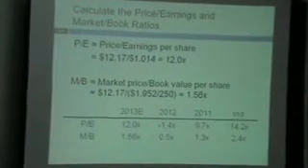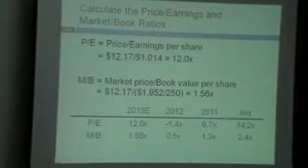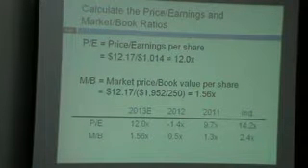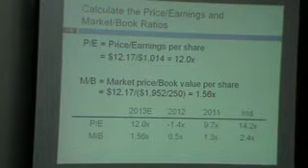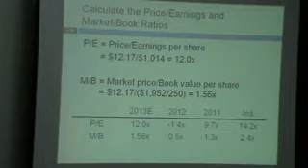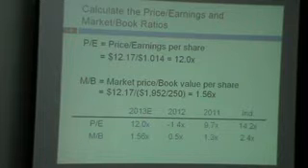Okay, now the last category of the ratios is the market value ratios. There are two ratios, one is the price earning ratio and the other is market to book value per share. Price earning ratio is price divided by earning per share. What price is indicated here?